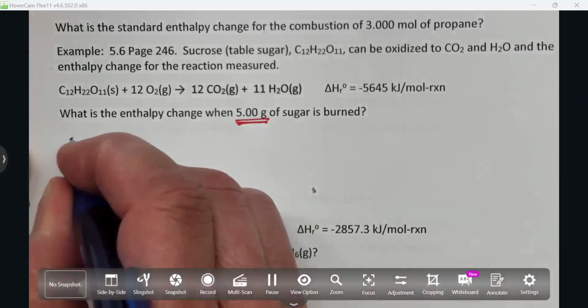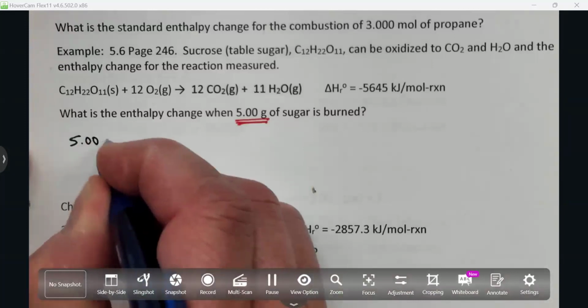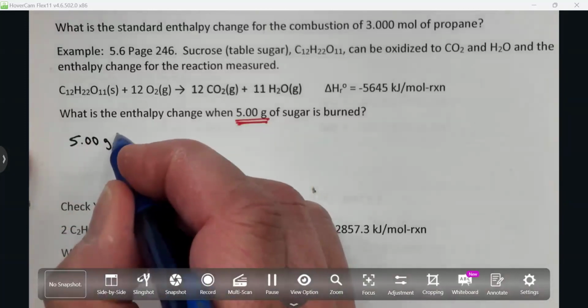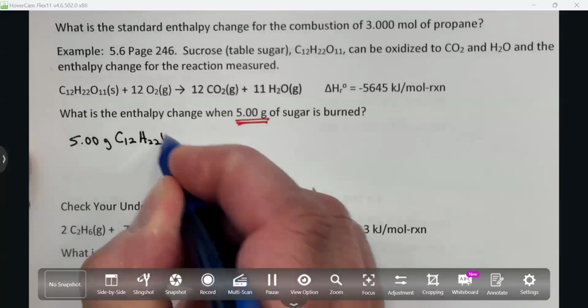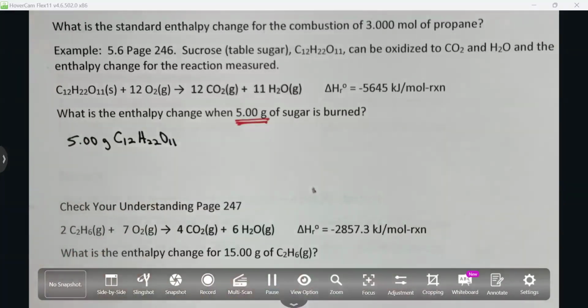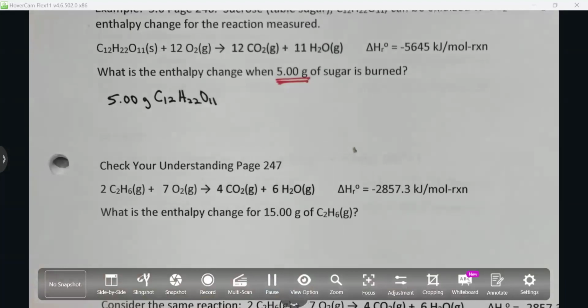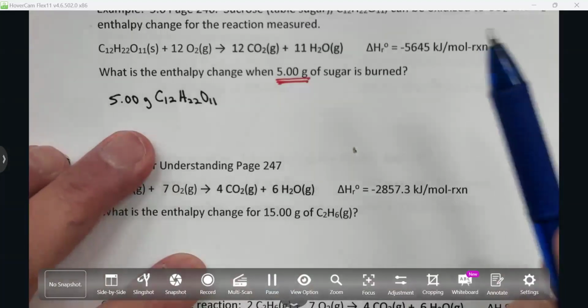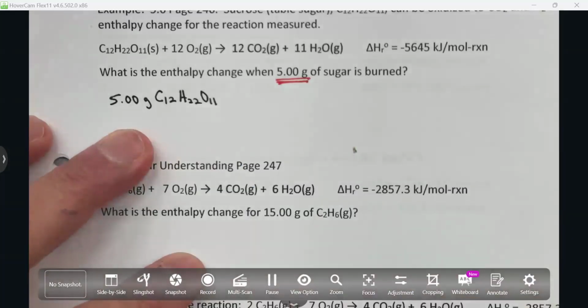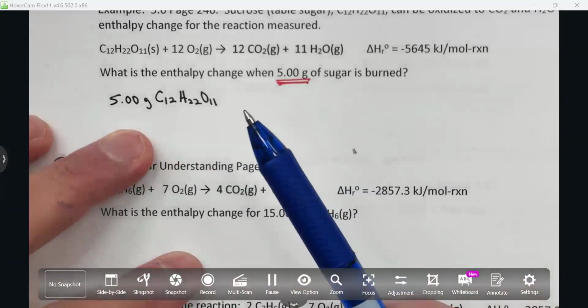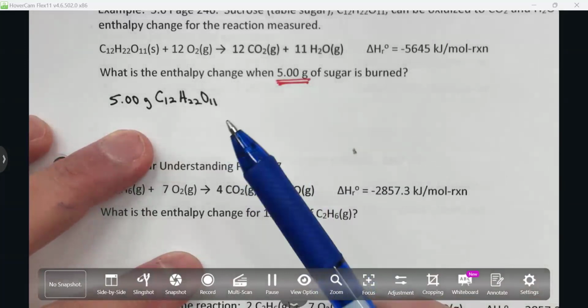So we'll start right here. 5 grams of sugar. You're going to need to write this down. Because this is in kilojoules per mole, how many moles is 5 grams would be logical, correct? How many moles in 5 grams?